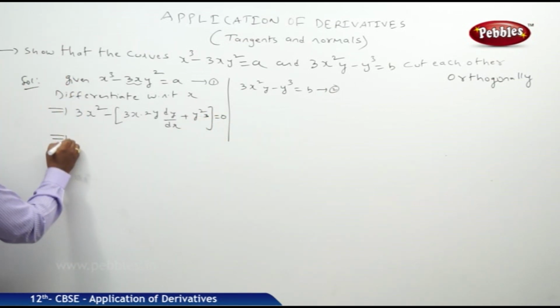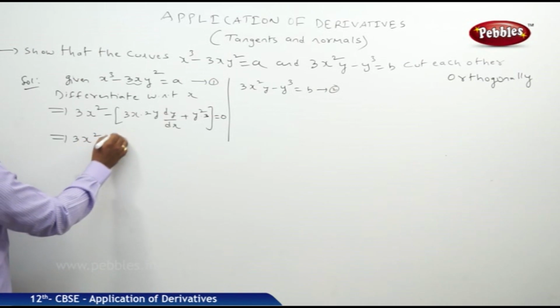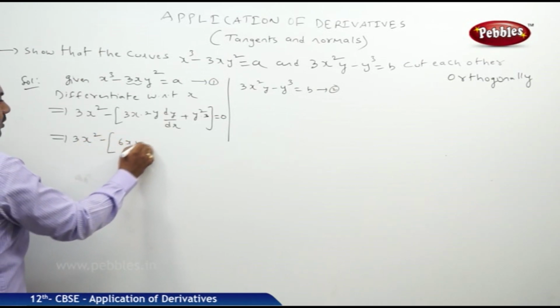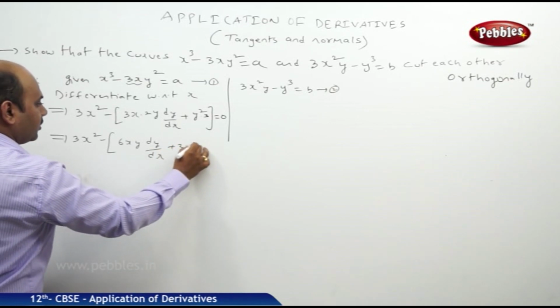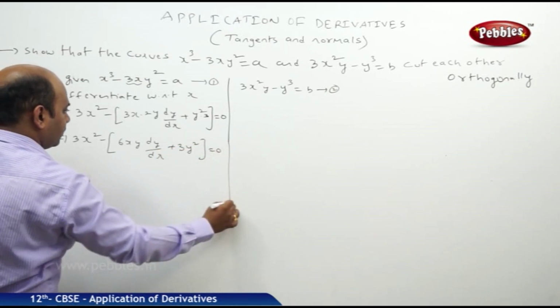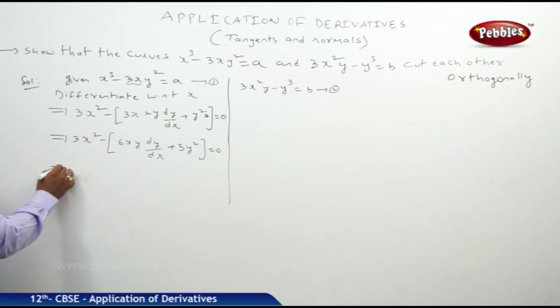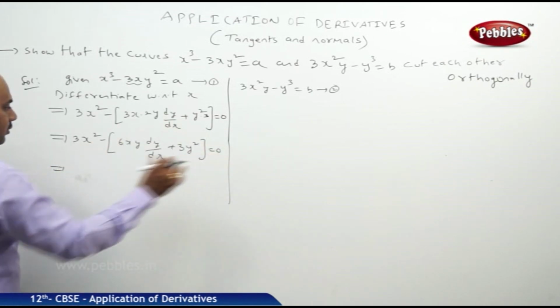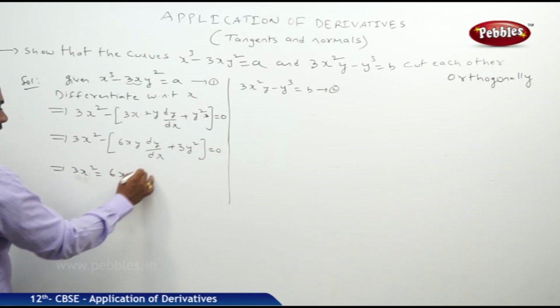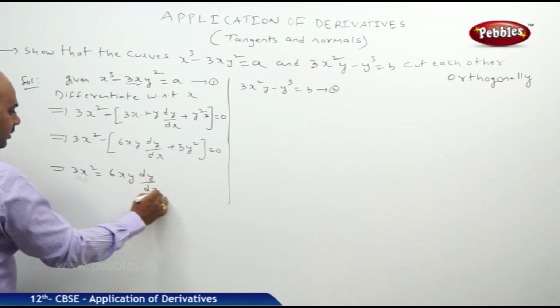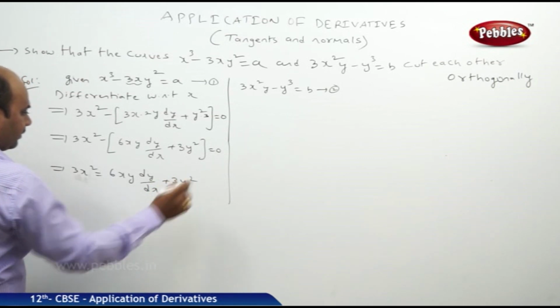So 3x square minus 6xy dy by dx plus 3y square equals 0. Now moving this to the other side, 3x square is equal to 6xy dy by dx plus 3y square.